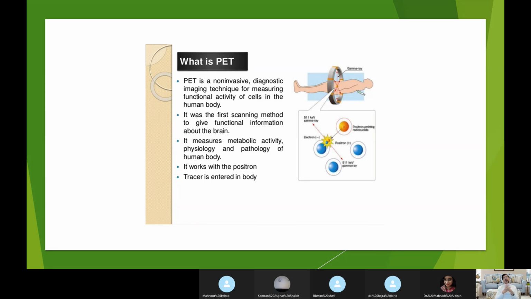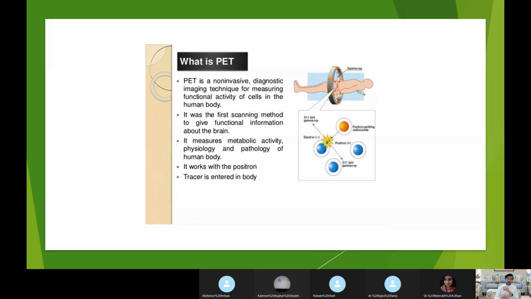So what is PET? PET is a non-invasive diagnostic imaging technique for measuring functional activity of the cells in the human body. It was the first scanning method to give functional information about the brain. It measures metabolic activity, physiology, and pathology of the human body. It works with the positron, and a tracer is entered in the body.